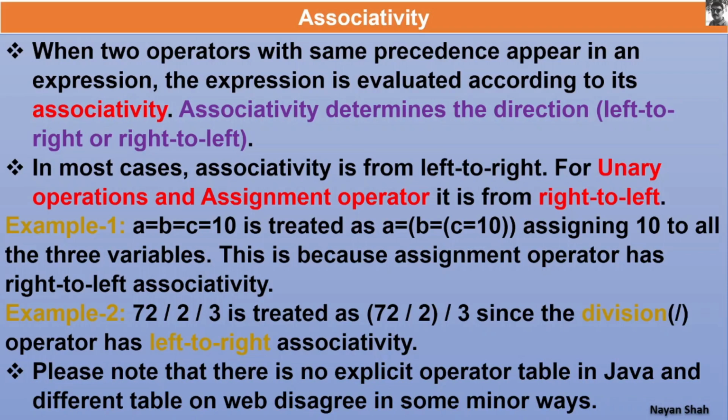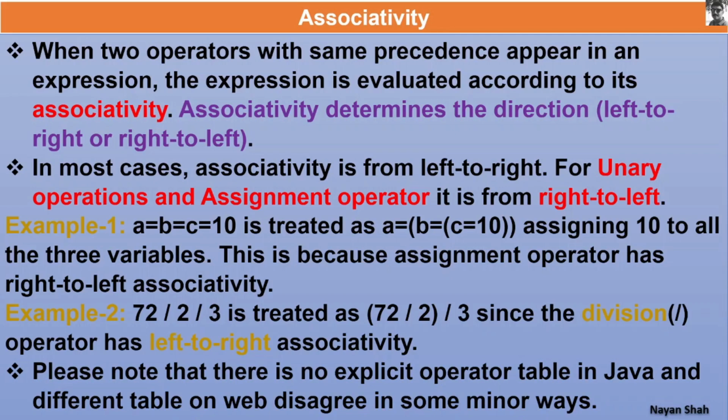It will assign 10 to all 3 variables because the assignment operator has associativity from right to left. So first it evaluates the assignment operator on the rightmost side, that is c is equal to 10. Because c becomes 10, b also becomes 10, and then a also becomes 10.